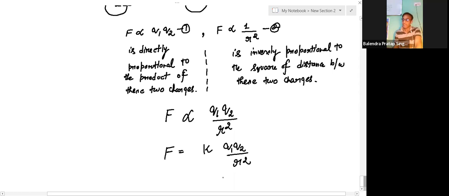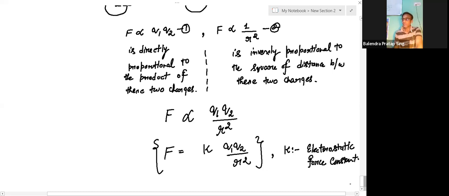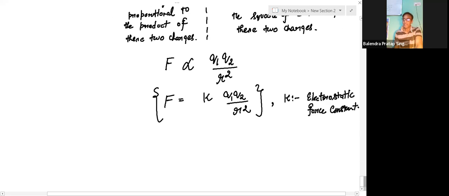And this K we call the electrostatic force constant, and this F, F is equals to K Q1 Q2 by R square, we call Coulomb force. This is also considered as electrostatic force.